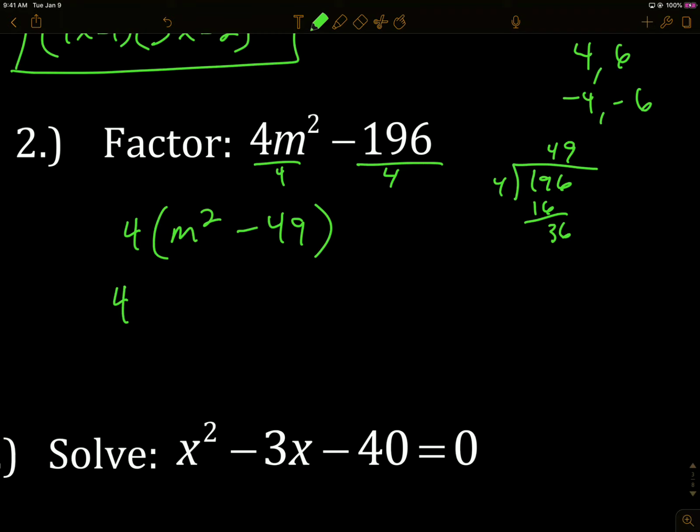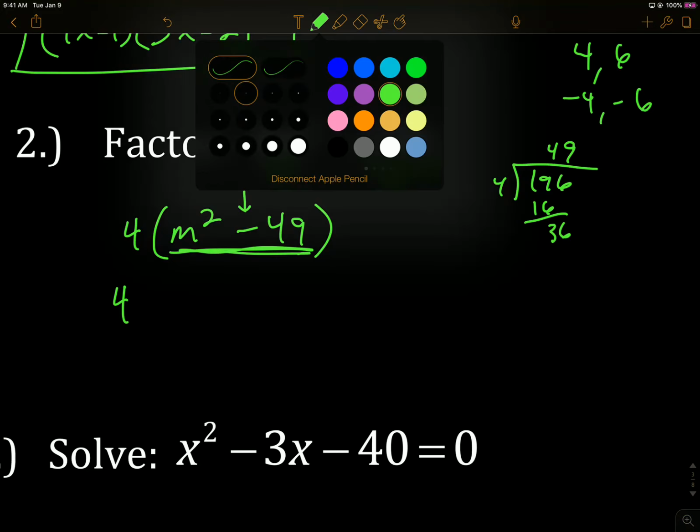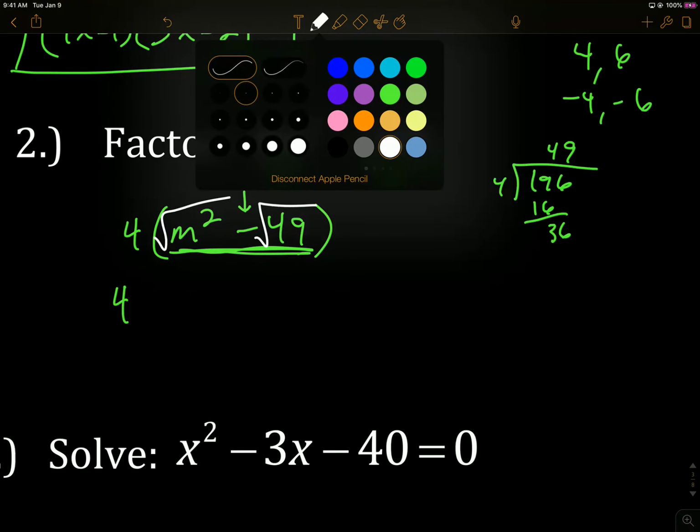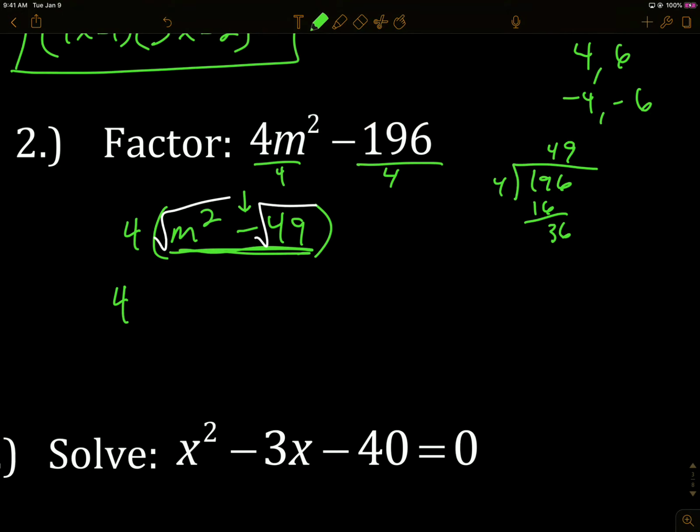The 4 I keep track of, this is a difference of 2 squares. So I got 2 terms. I see subtraction. I can square root both of these, right? So that's how I know it's difference of 2 squares. So I know the structure is going to be plus and minus, and now the first guy is the square root of m squared, so m and m on the first part, and then the square root of 49 is 7 and 7.